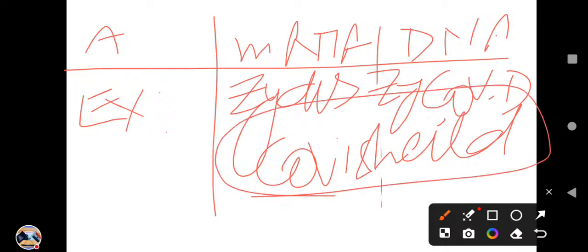Covishield was developed by the Serum Institute of India and Oxford. These vaccines use DNA wrapped in another virus, which then instructs cells to make the spike proteins. So these are all the differences between DNA and mRNA based vaccines.